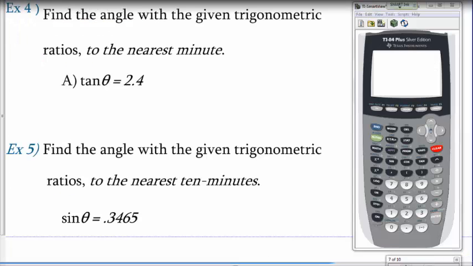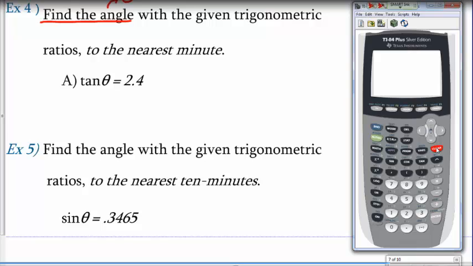In this, we are asked to find the angle with the given trigonometric ratios to the nearest minute and to the nearest 10 minutes. Okay, well, to do this, first what we need to know is what is the value of our angle. To do this, we need to get the angle alone. Now, there are going to be 2 parts to this. How can we get tangent of theta equal to 2.4 into a situation where we have theta alone?